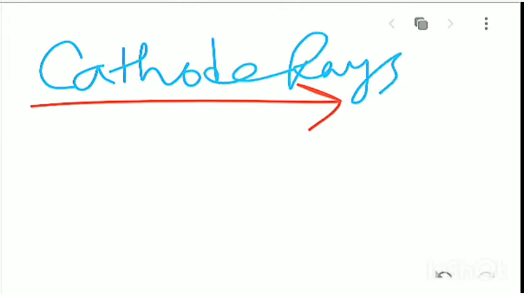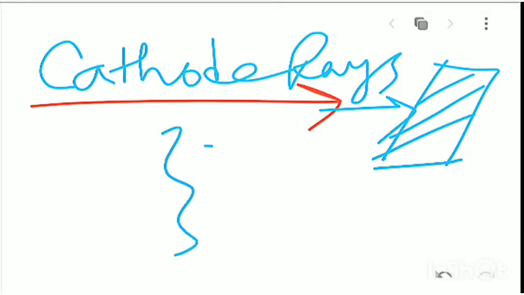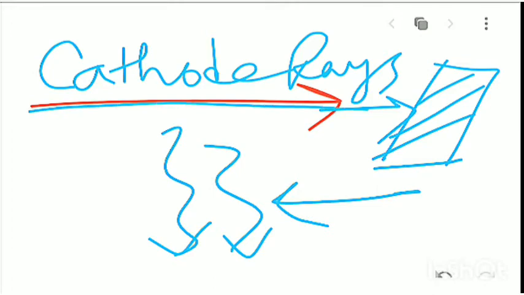when they strike a metal piece, a strong piece of metal, Röntgen found out that they are producing a different kind of radiation. A different kind of radiation is coming out of the metal when the fast moving cathode rays are hitting them. These radiations are mostly invisible.